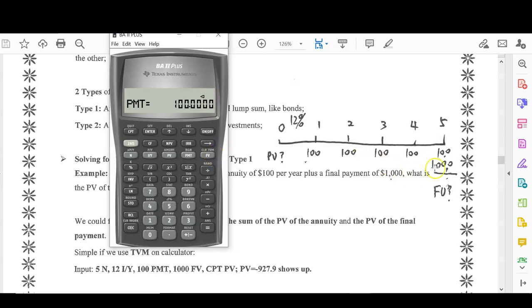We have to input this additional lump sum, 1,000 as future value. Compute for PV, we would get 927.9 as our present value. So this time we have positive payments, positive FV. We have income, annuity income, lump sum income. We're trying to see how much we need to deposit today as PV.